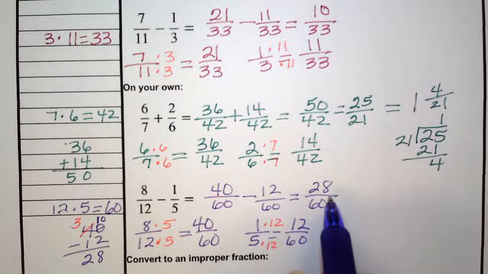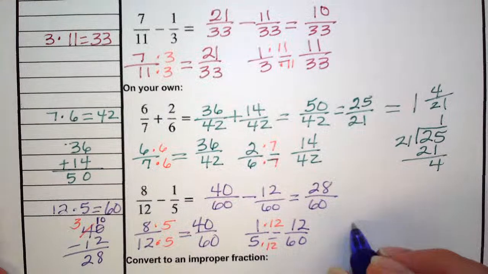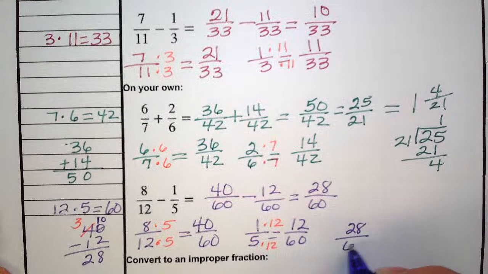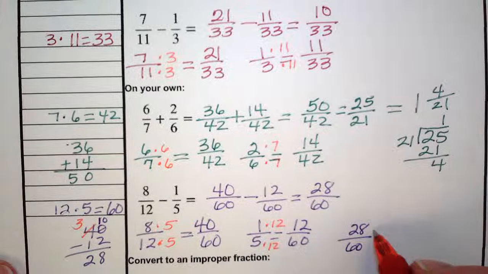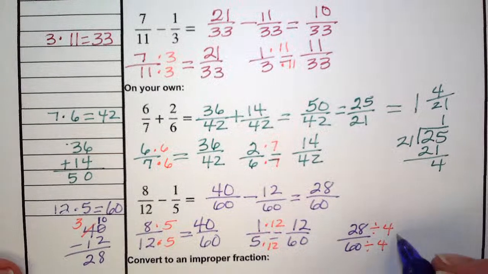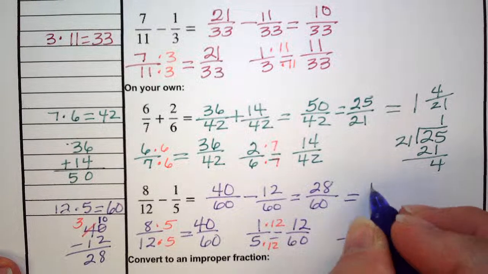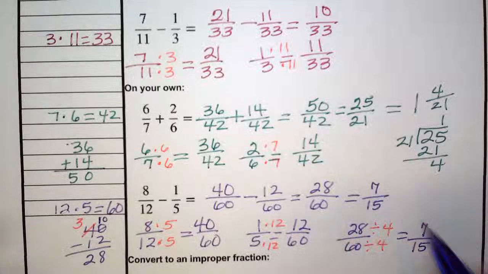So, this one's even, so I'm going to look at 4 first because that's the greatest. 14 would actually be the greatest even number, but 14 does not divide evenly into 60. 4 will divide evenly into 60. So 28 over 60, I'm going to divide top and bottom by 4, and I end up with 7 over 15. And we're done.